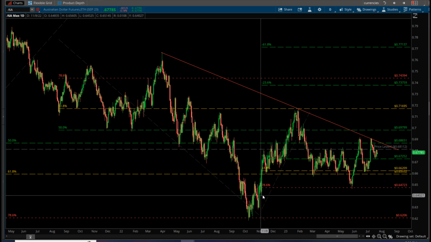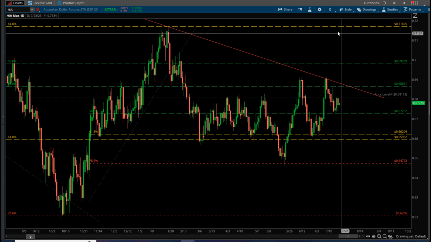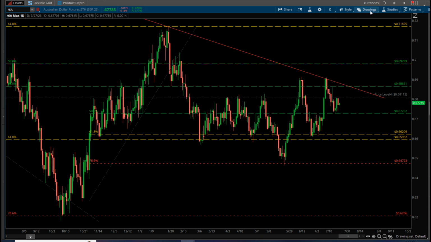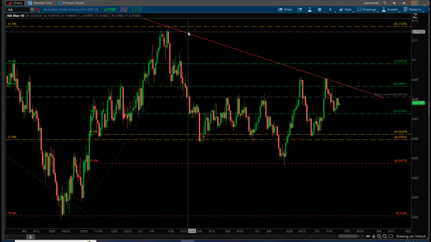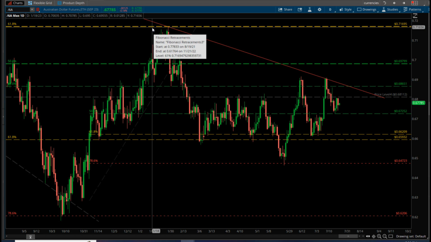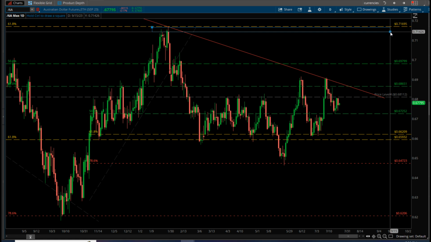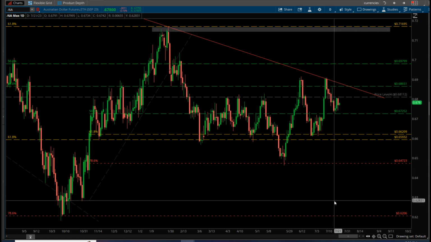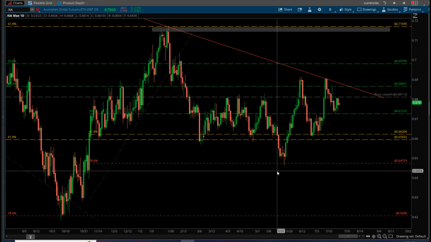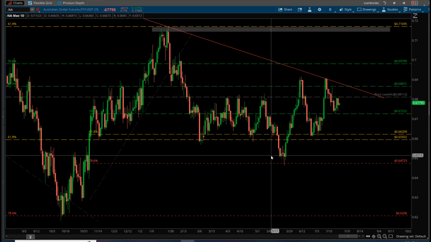Now, I noticed some interesting things here, and that is I've got a supply zone right here, zone.